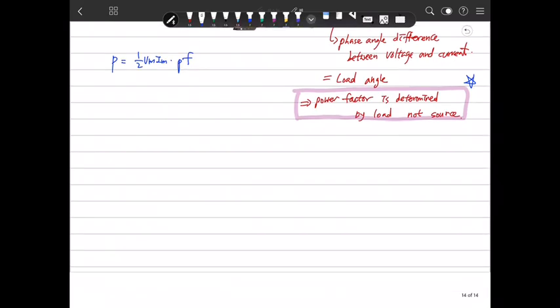For example, let's say the power factor is 0.8. What is the meaning of that? That means cosine(theta V minus theta I) is 0.8. From here, we get 36.87 degrees.